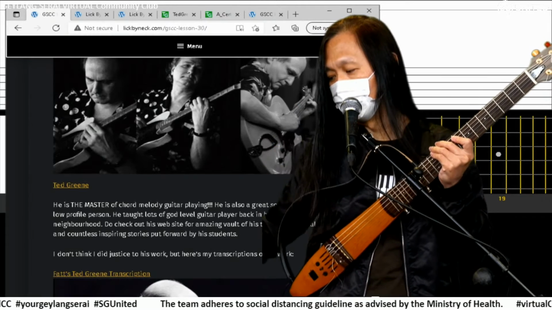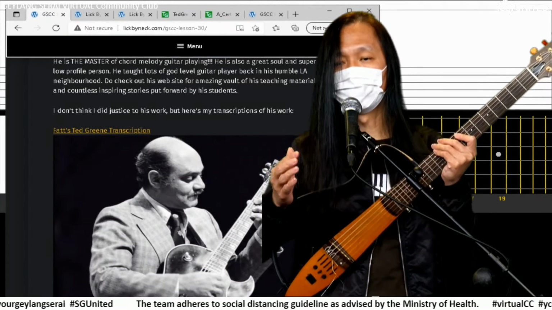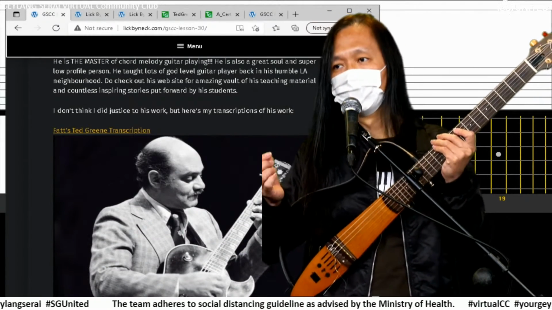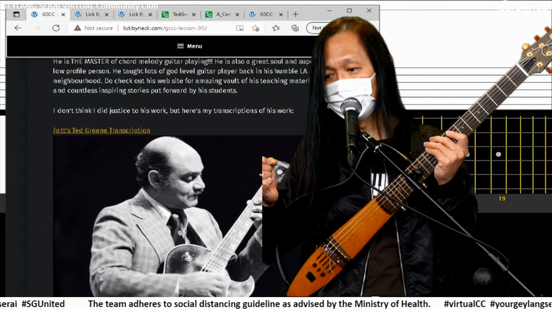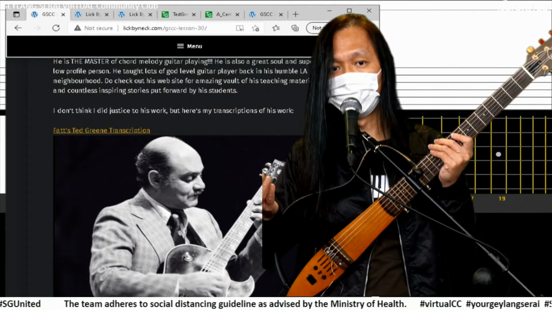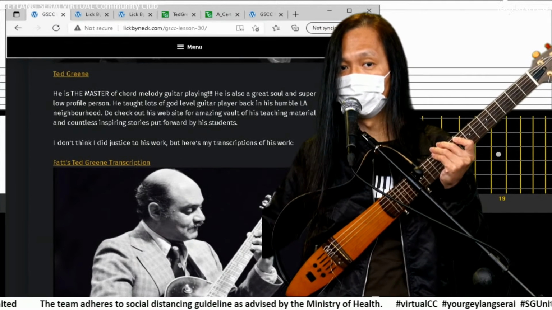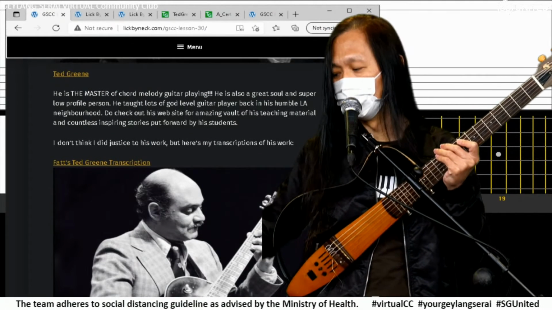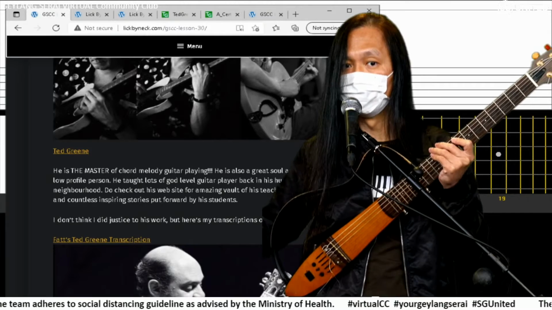Of course, you can go through all the theory and transcription. You can play other people's transcriptions, but until you play and do your own, right, then you will have a great breakthrough.